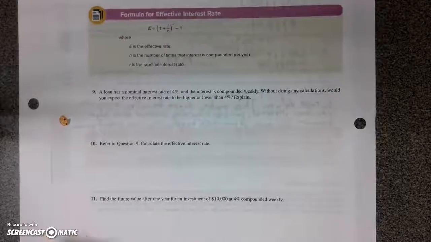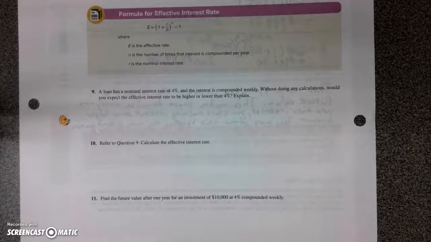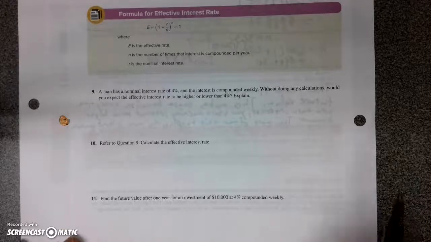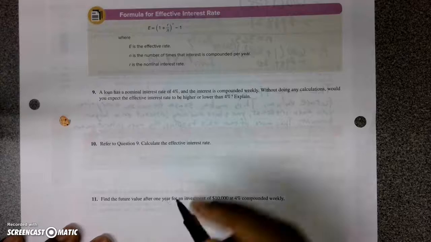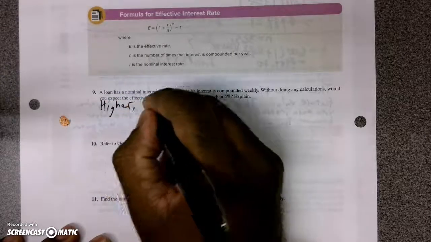Okay, class, picking up where we left off at with problem number 9. A loan has a nominal interest rate of 4% and the interest is compounded weekly. Without doing any calculations, would you expect the effective interest rate to be higher or lower than 4%? Explain. I would expect it to be higher.